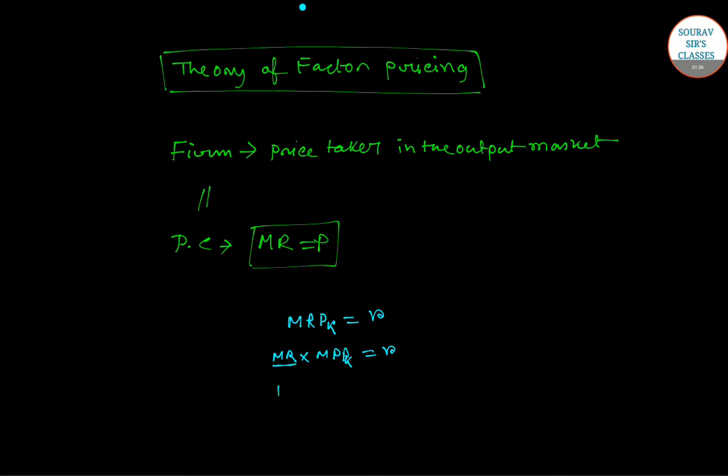Instead of MR we can write price into MPP K equals r, which is nothing but the value of marginal product of capital equals small r.